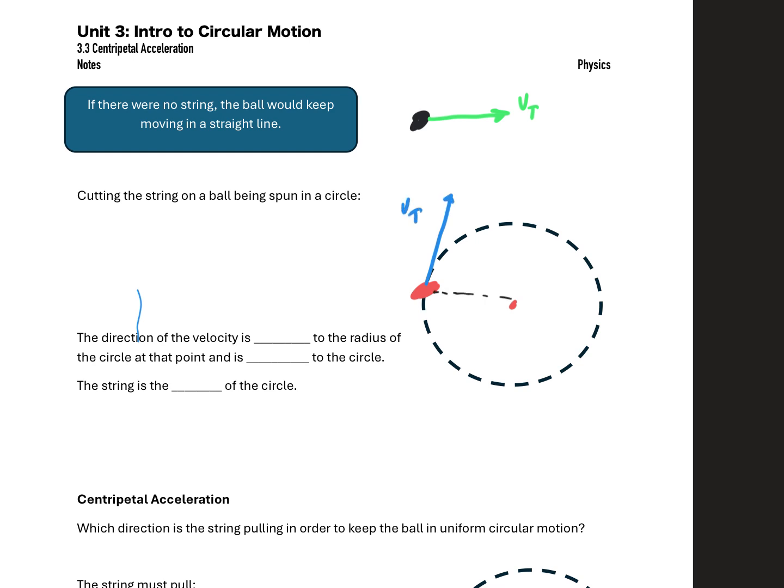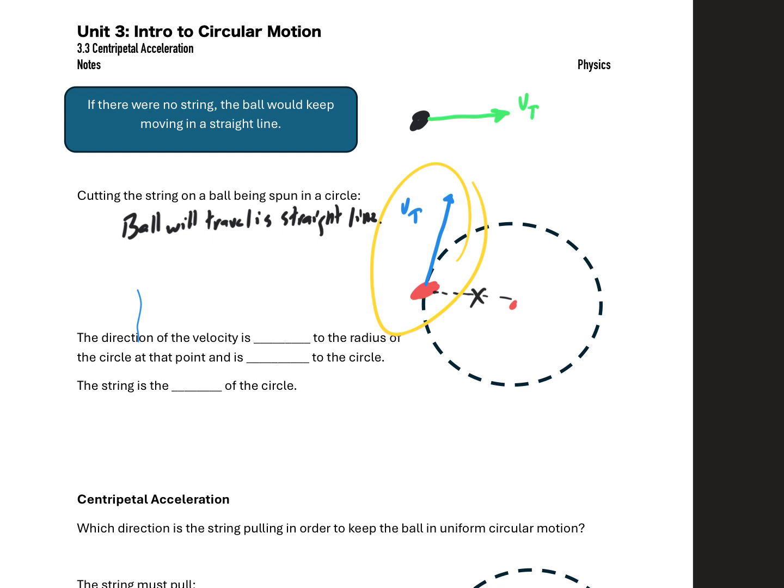If I were to cut the string, the ball would continue to go that way. It's not going to curve or anything like that. We're assuming we're in space or something. But that velocity will always be tangent to that, and it'll continue on a straight line if we cut the string. So cutting the string would mean the ball would travel in a straight line, and it will continue on a straight line until it hits something else.